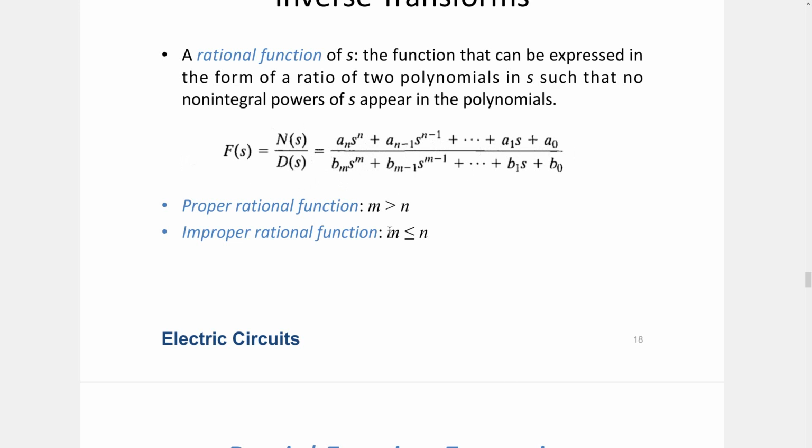Now, for a proper rational function, we need to have m greater than n, and for improper rational functions, m will be smaller than or equal to n, but they can always be converted or reduced into a proper rational function by making the polynomial divisions as well. Okay.